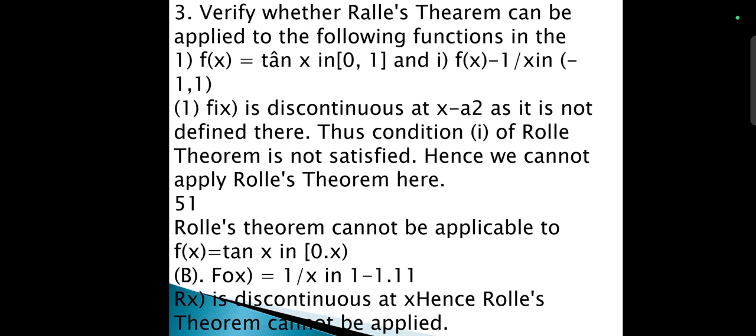Hence, we cannot apply Rolle's theorem here. For f of x is equal to 1 by x in minus 1 to 1, f of x is discontinuous at x is equal to 0. Hence, Rolle's theorem cannot be applied.